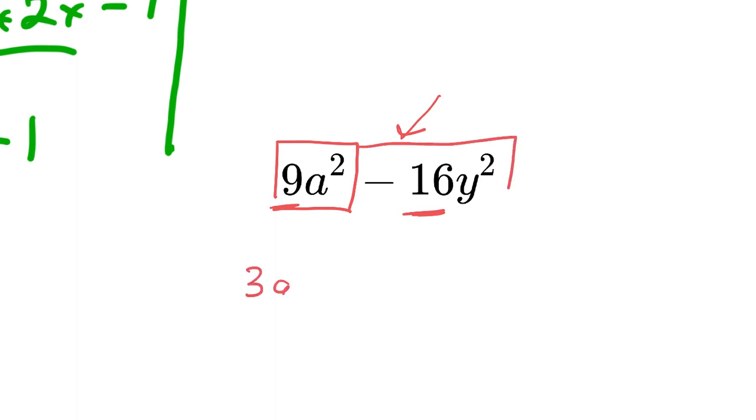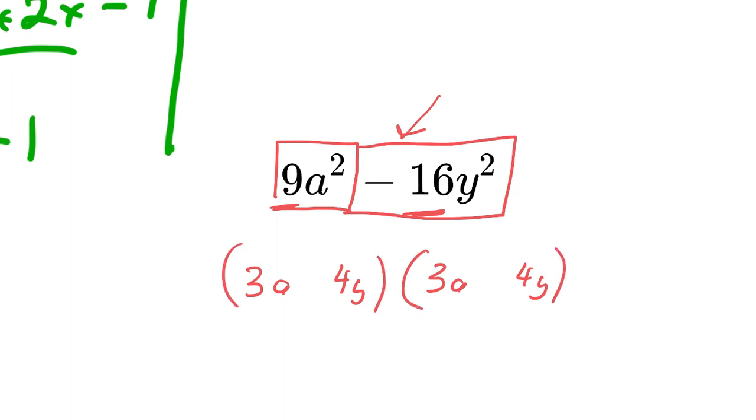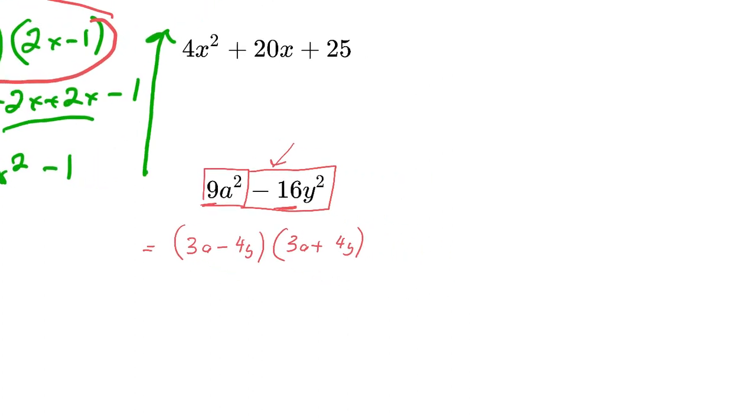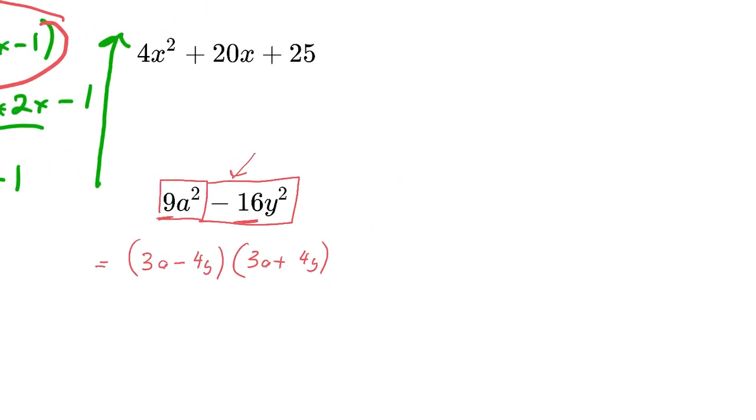Take the second term, square root it. Write it twice. Brackets. Plus minus, minus plus. That doesn't matter.